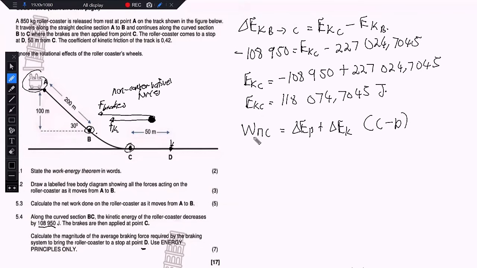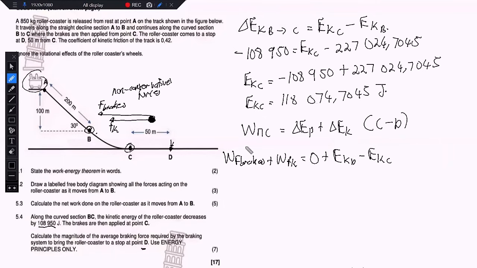Now, the work done by NC will be replaced by the work done by the force of the brakes plus the work done by FK. Change in EP between these points will obviously be 0 because there is no height here, so we can replace this by 0. And then change in EK will be the EK at D minus the EK at C.